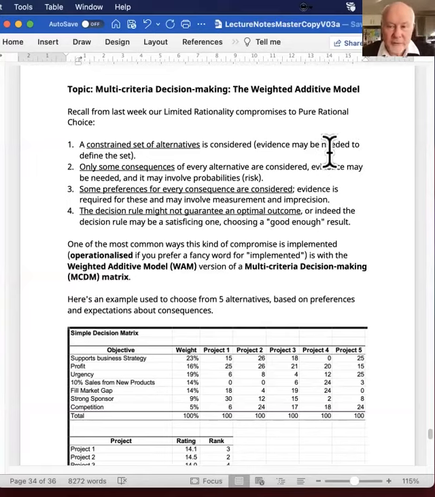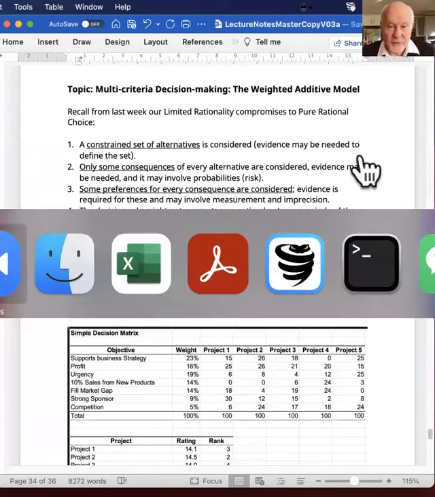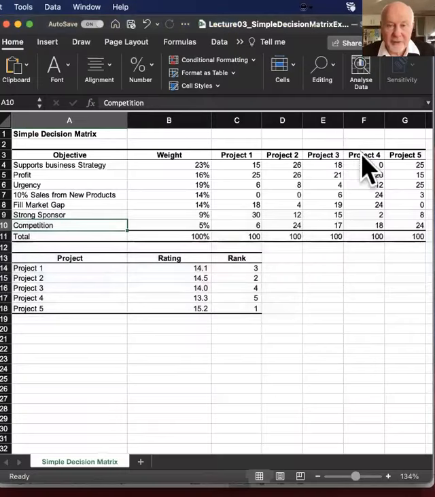So let's have a look at an actual multi-criteria decision matrix. I've put this spreadsheet on Wattle, so you can have a look at it and play around with it and see how it works, but I'll give you a quick run through now.